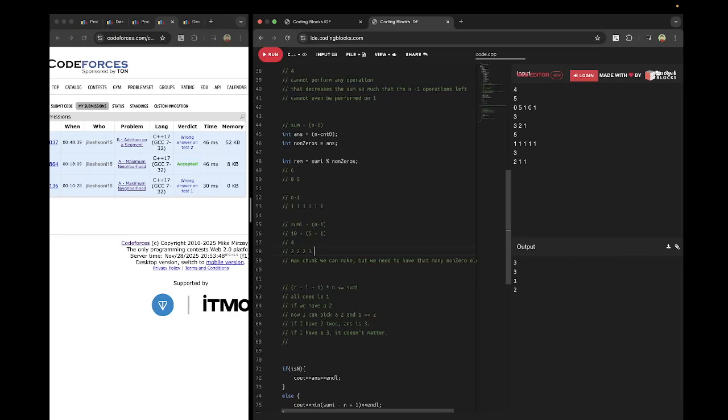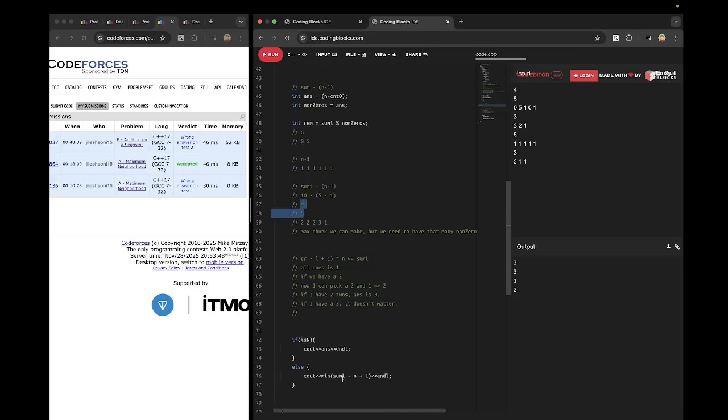Oh yeah, sum is 10. The number of ones is 5. But I can make a max chunk of 4. So then the answer is the minimum of this, comma, non-zero.